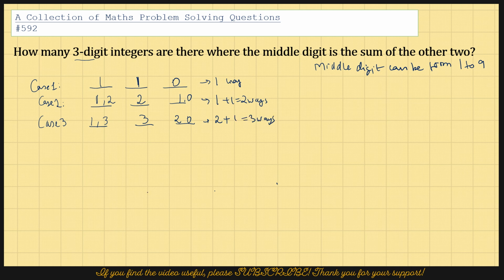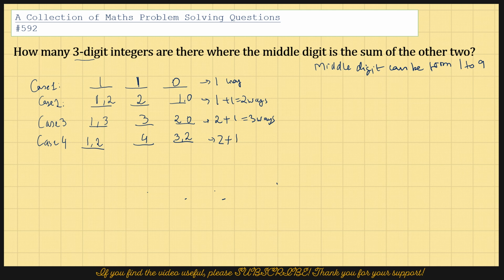Then case 4, with 4 in the middle. Start with a 1 and a 3, and you can swap places, so that's 2 ways. Plus you can put a 2 and a 2, with no swapping, so plus 1.